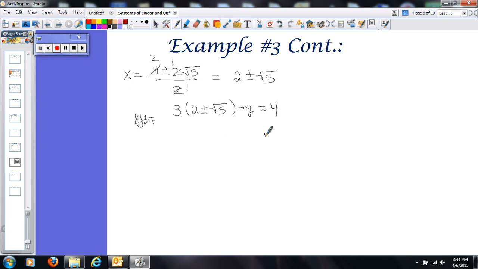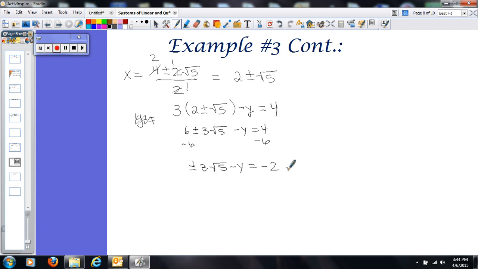And this is where they can tend to get a little bit ugly, and you just got to work with them as you go. So this is going to be 6 plus or minus 3 square root of 5, minus y equals 4. So you're going to start by subtracting 6 from both sides.